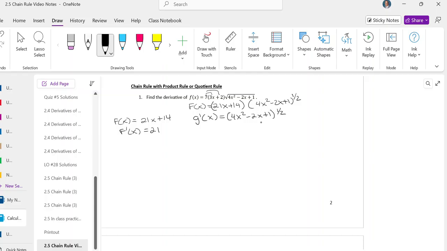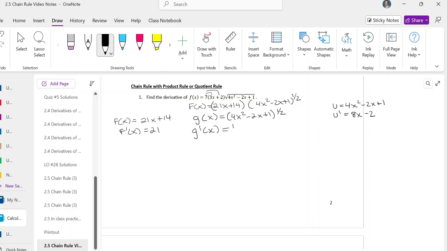This is where you would do the chain rule. That's g of x. G prime of x would be the chain rule. So remember, your u is 4x squared minus 2x plus 1. U prime is 8x minus 2.